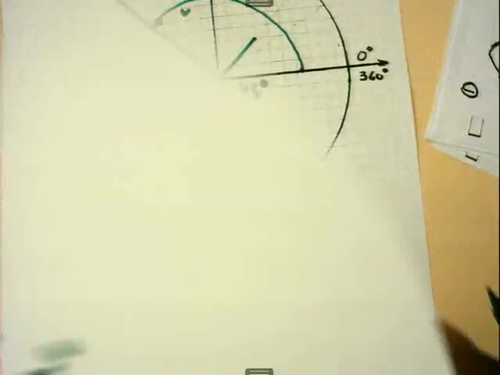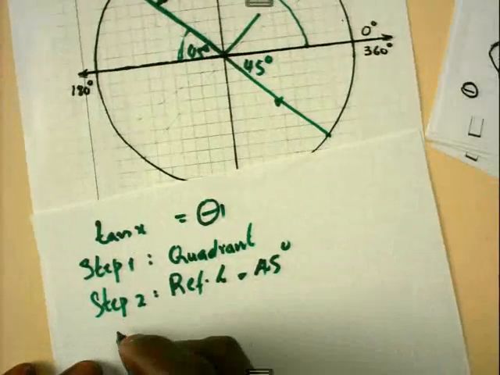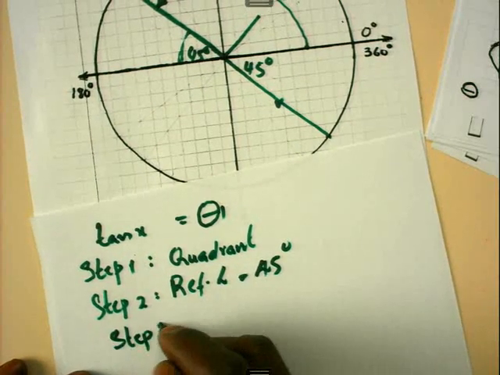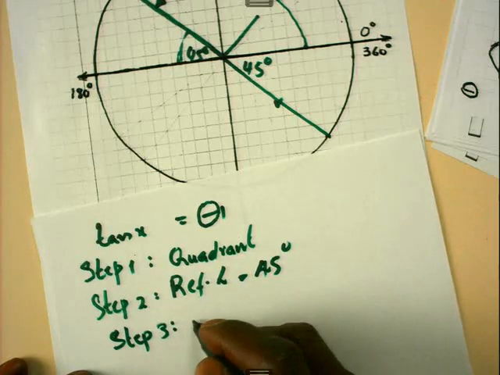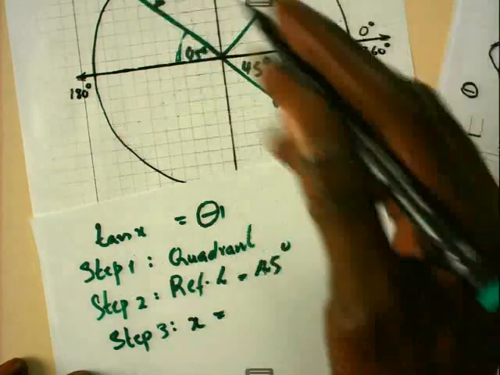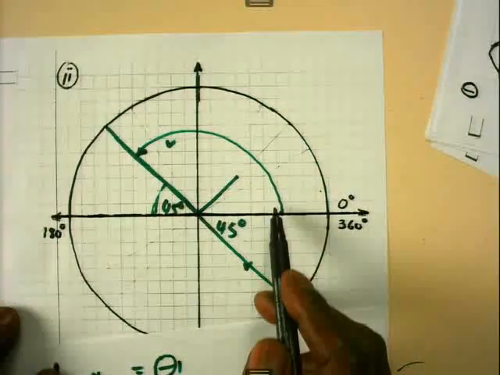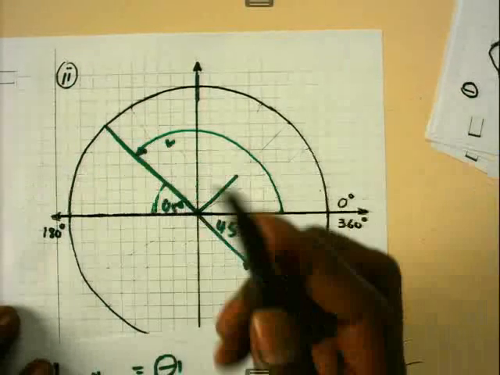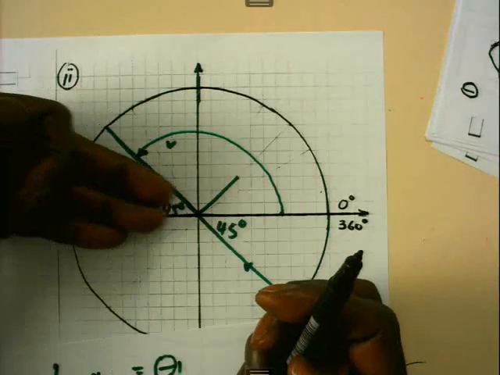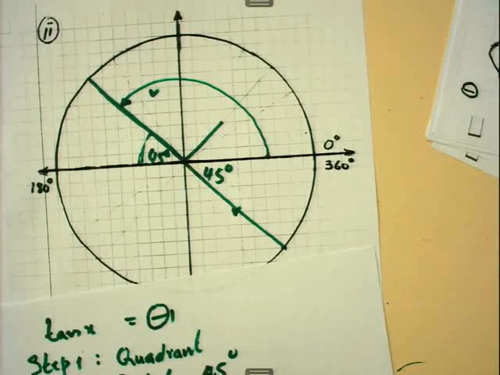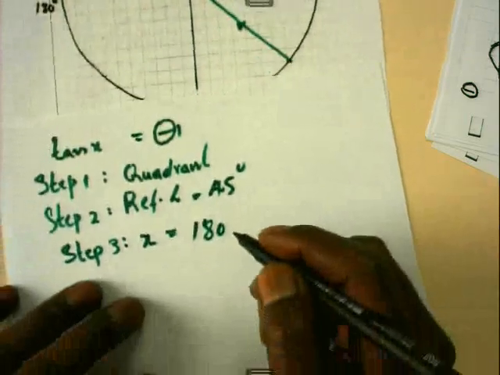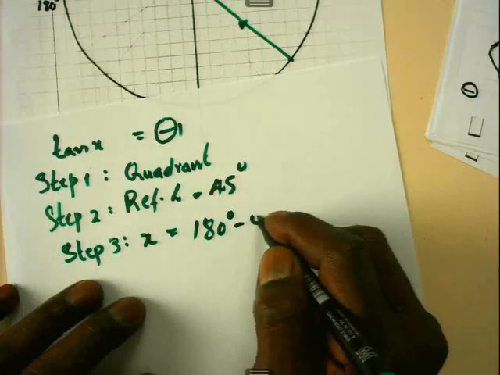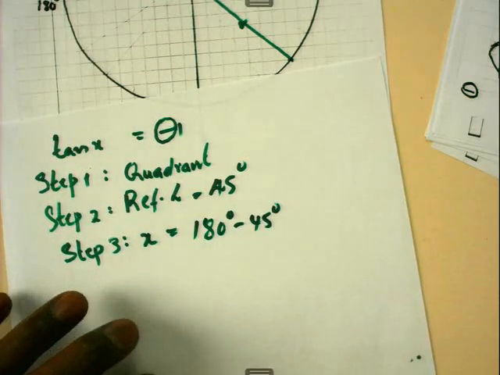So our solution will be step 3. We go to our solution. X will be equal to this angle here, which will be 180 degrees minus 45 degrees.